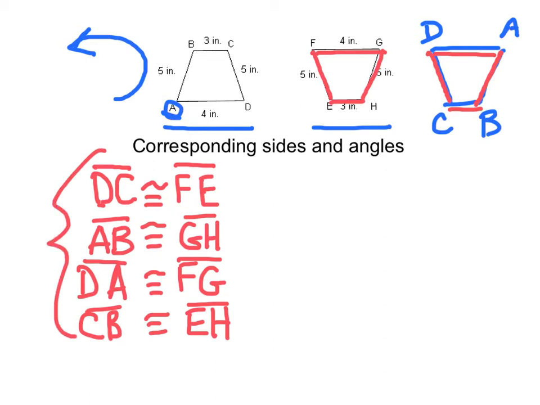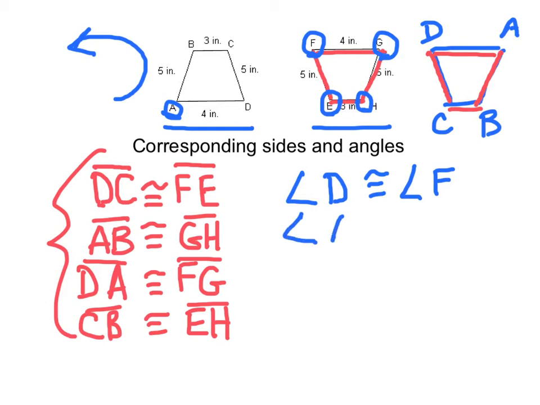Now, the corresponding angles would be the corners of our shape that are identical to each other in value. Here I have angle D corresponds to angle F. It's congruent, they're the same measurement.